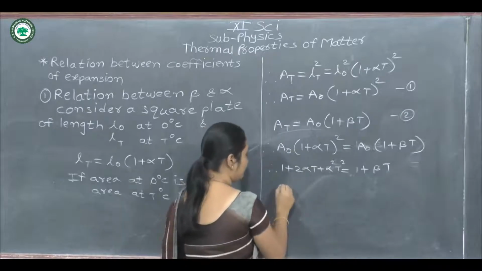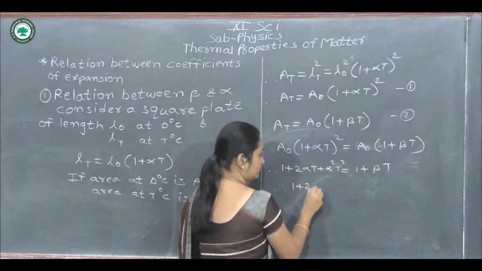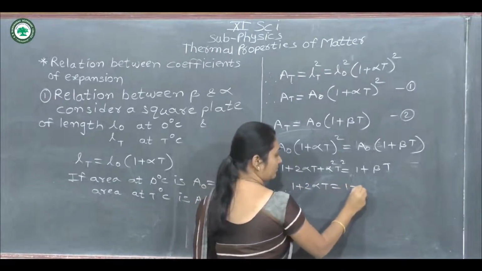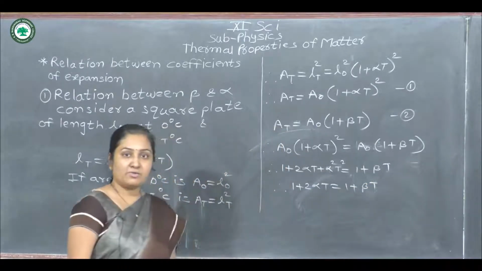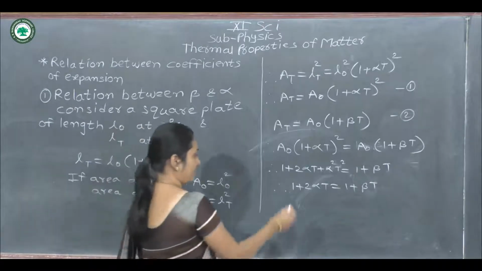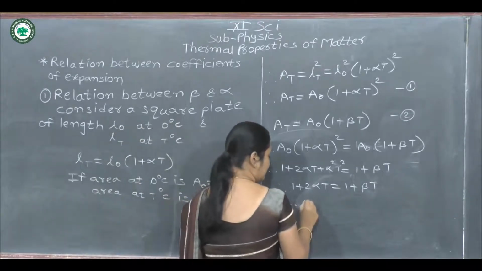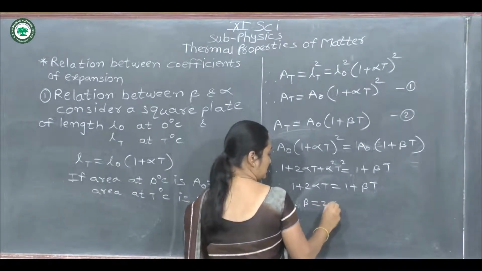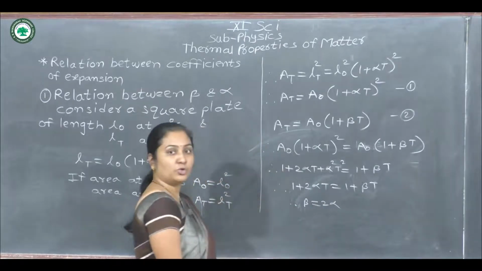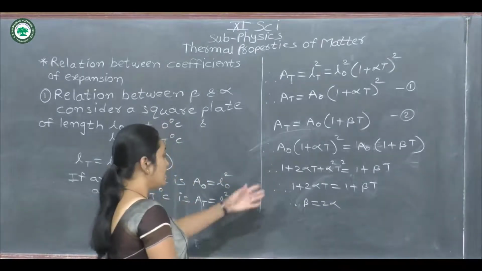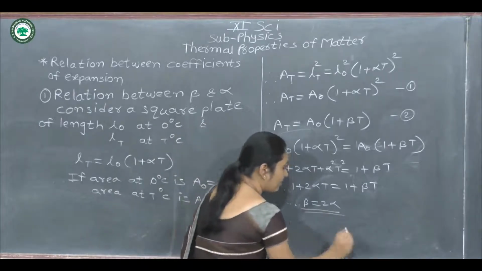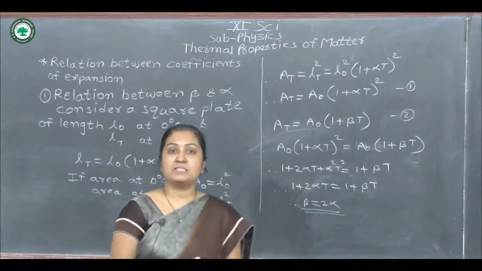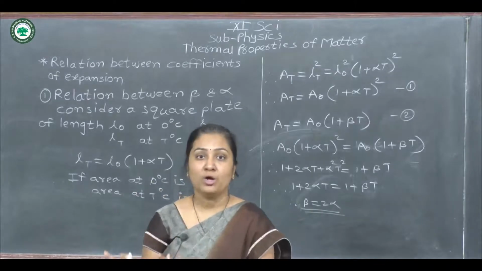So we have 1 plus 2 alpha T equal to 1 plus beta T. From this, beta is equal to 2 alpha. So we get the relation between alpha and beta as beta equal to 2 alpha.